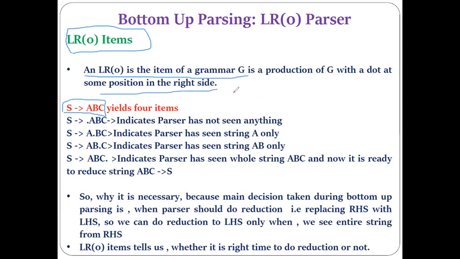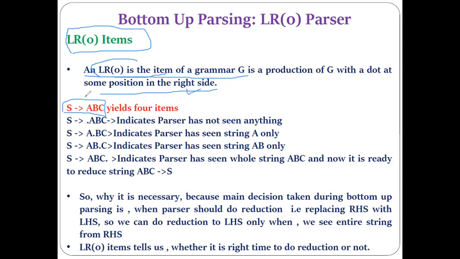If in the given grammar we put a dot at some position in the right hand side, then that particular production is called a production with LR0 items. Same thing I have mentioned: an LR0 item of the grammar G is a production of G with the dot at some position on the right hand side.